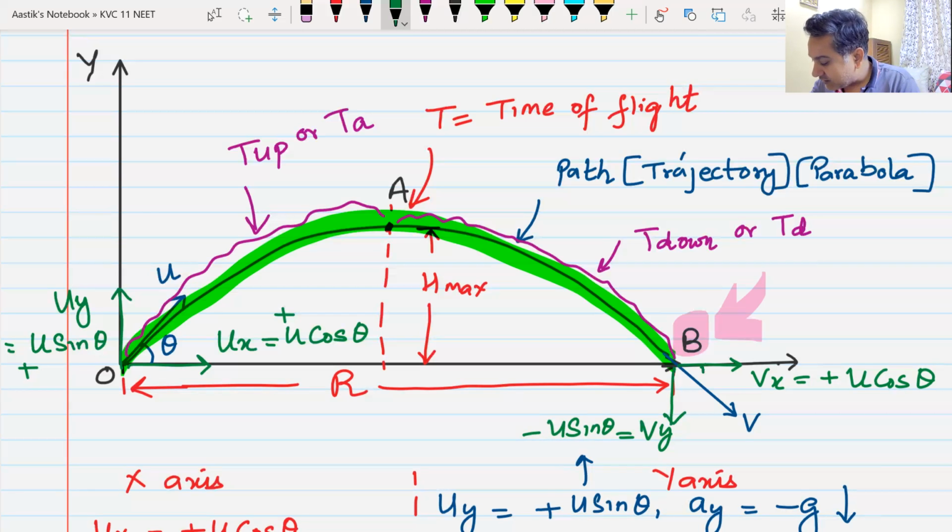What about this angle? How much will be this angle? The angle at which it falls. The angle it was thrown up was theta. What is the angle at which it falls? Take a deep breath. Trust me, take a deep breath, and then you will be able to give me the answer in a flash.